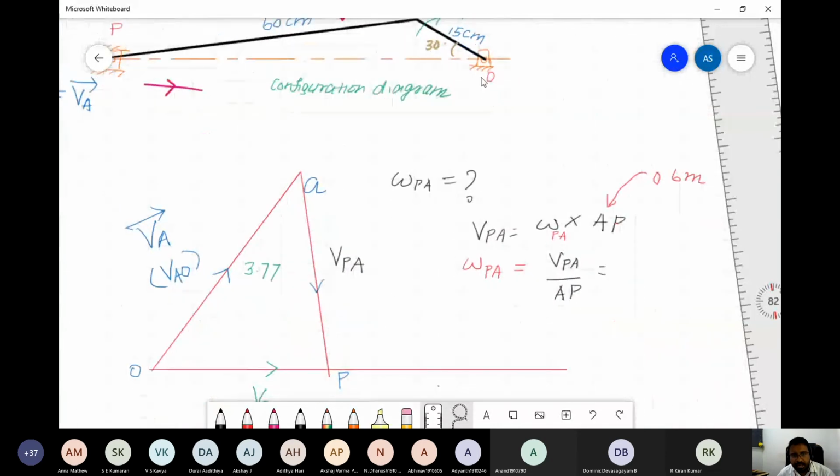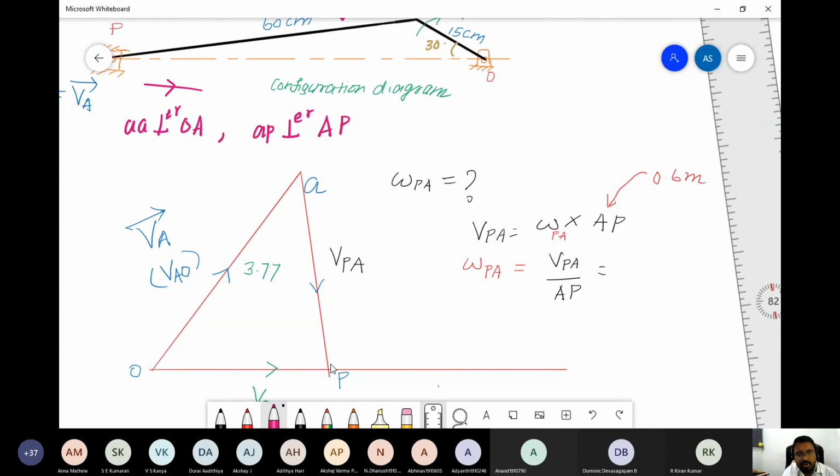So we are putting a perpendicular line of AP, and drawing the line from A to P. Now we get this magnitude. AP is perpendicular to AP only. Similarly, we put OA perpendicular to OA.